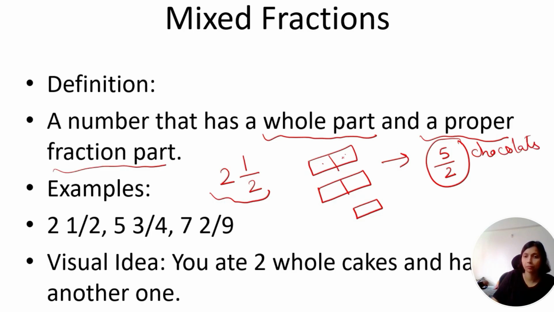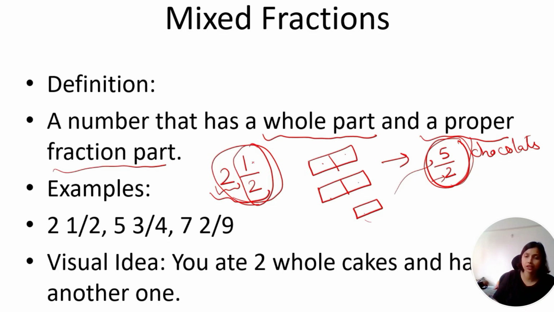See, 1 part, 2 part, 3 part, 4 part, 5 part. So 5 parts where each chocolate is divided into 2 equal parts. So I had 5/2 of the chocolates, or I had 2.5 of the chocolates. Both are the same.